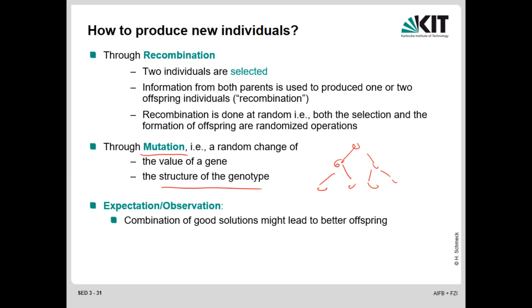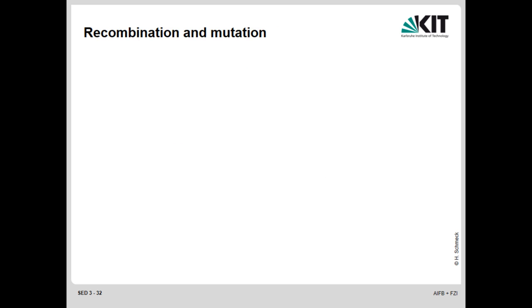And so that's why we need a randomized approach. We need this randomization, that we select elements with some probability, but there's also some probability that individuals are selected which are not as good as the other ones. And only this allows us to look into different areas of the search space. So this is important for exploration.